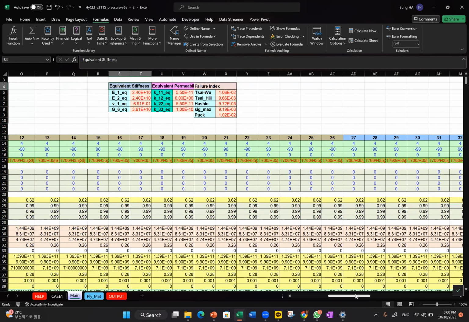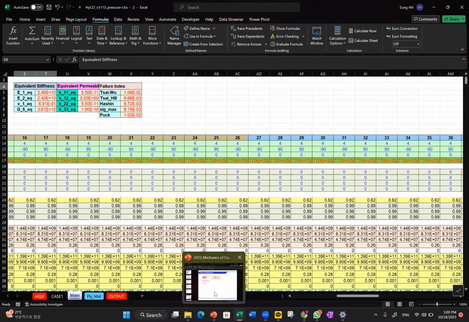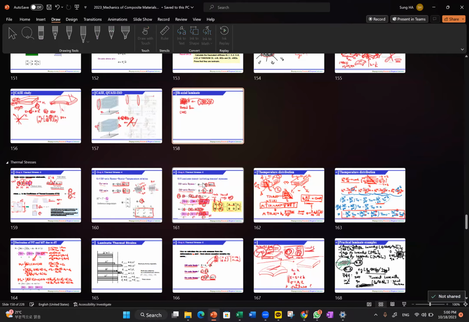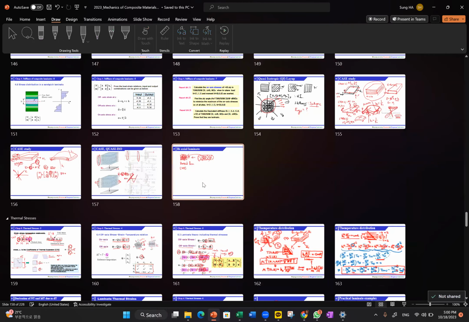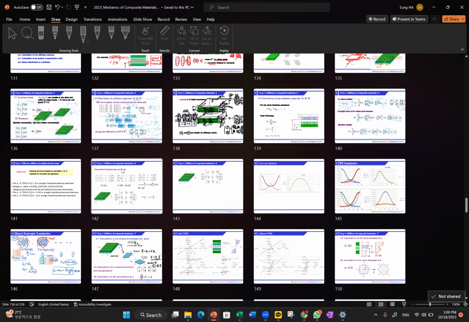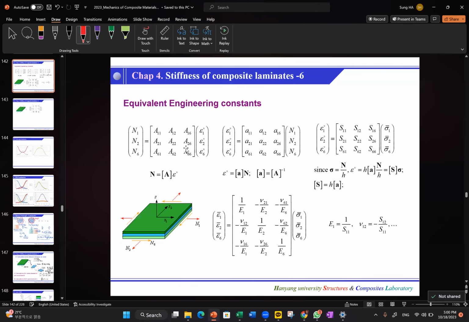I don't have to define it, but we can imagine that the properties can be defined like this. So we have a laminate, and then the inverse, and by the definition of an engineering constant, we can define it like this.